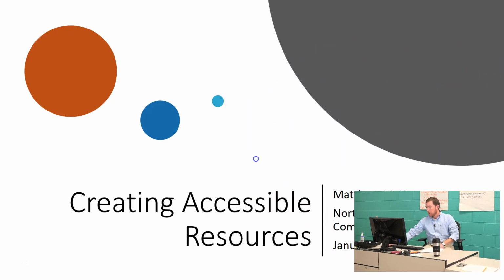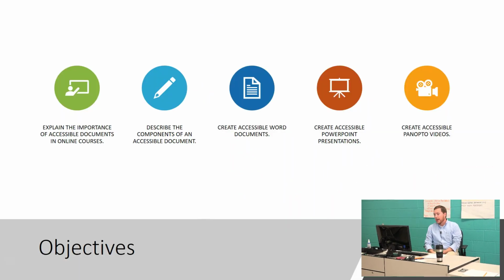So the objectives for today: we'll first talk about what is accessibility and why does it matter. Why is it important to use accessible documents in online courses? We will talk about what it means for a document to be accessible. Then we'll spend most of our time in Word and PowerPoint, because I feel like that's where the majority of your resources are probably created.